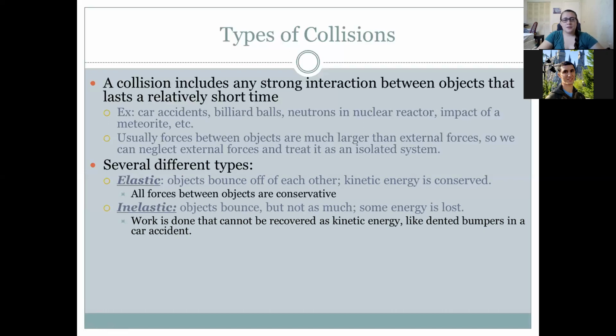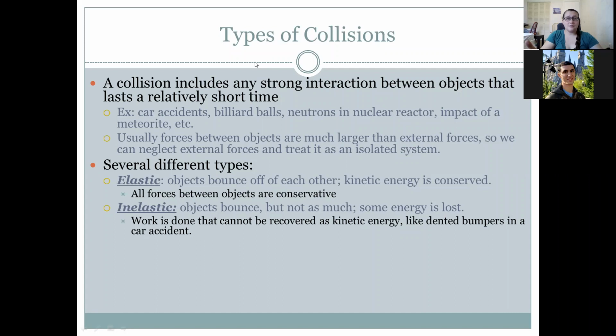If we are dealing with an inelastic collision, that's when objects bounce but not as much. Like in a car accident, when your car hits another car and the bumpers end up being dented, some of that energy is lost in the collision and cannot be recovered as kinetic energy again.